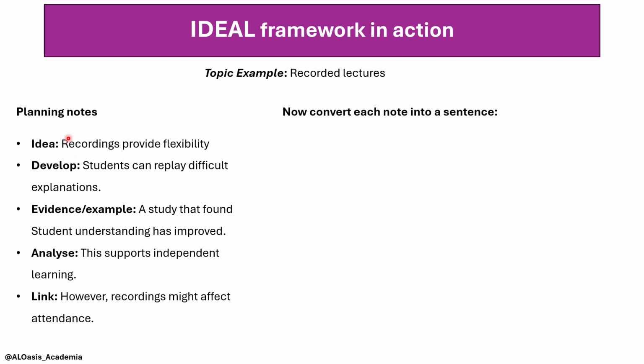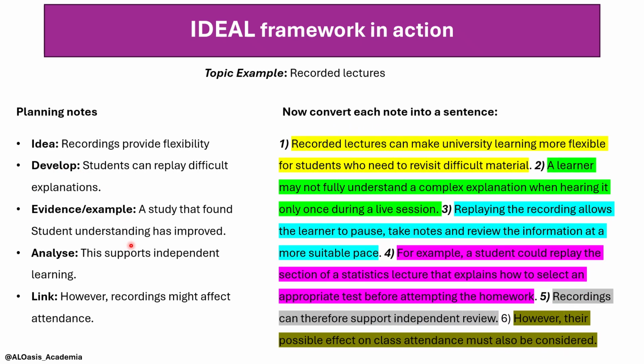So now we have the planning notes. Let's convert all that into a full paragraph and see how it will look. The paragraph will be made up of 6 sentences.